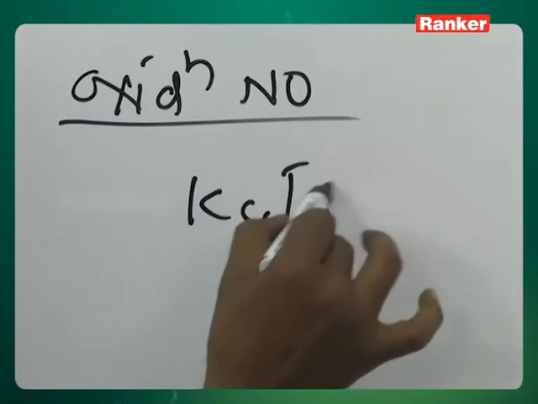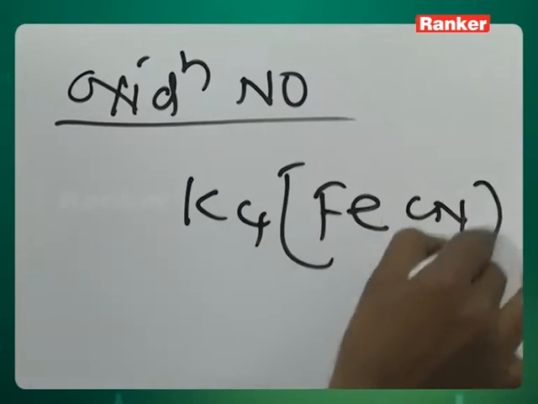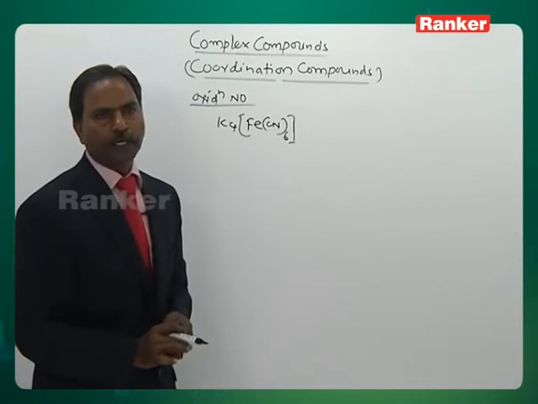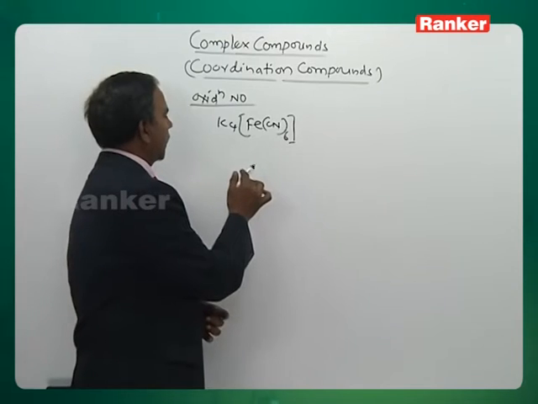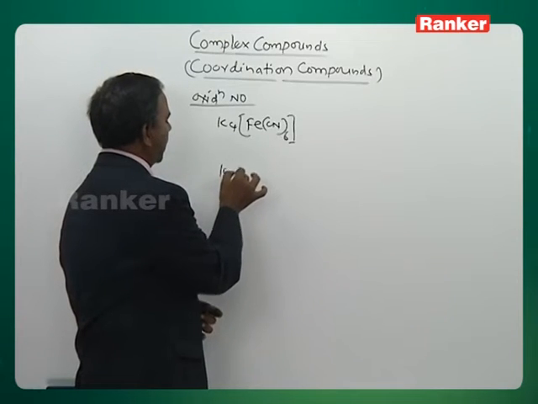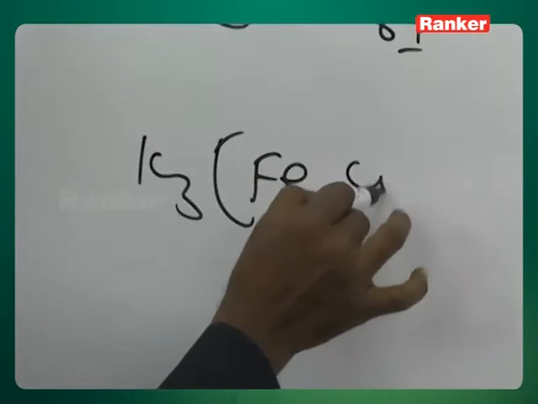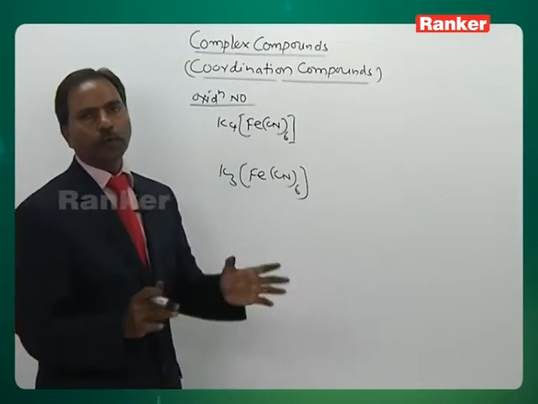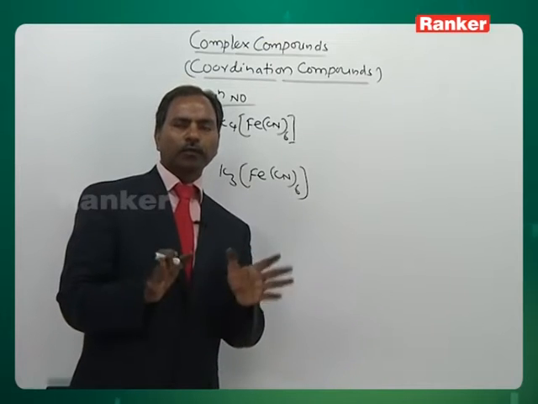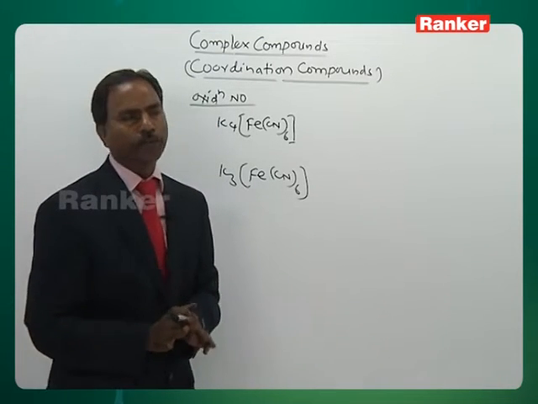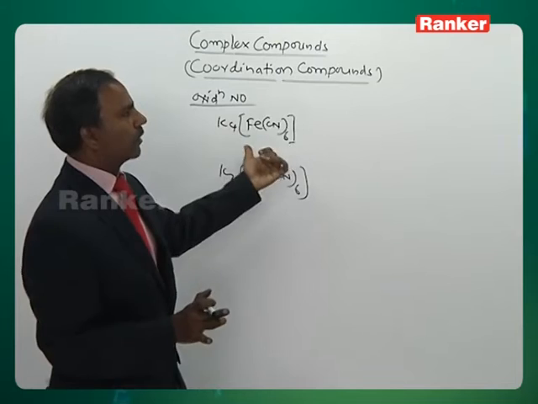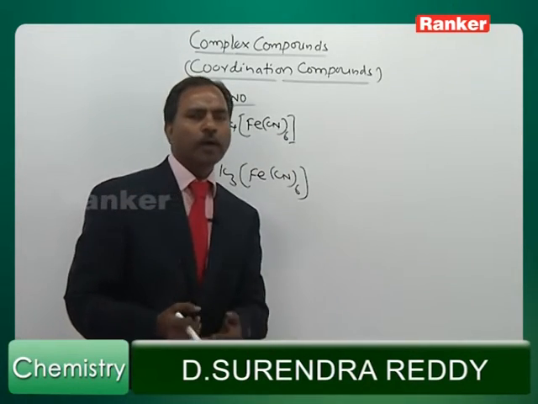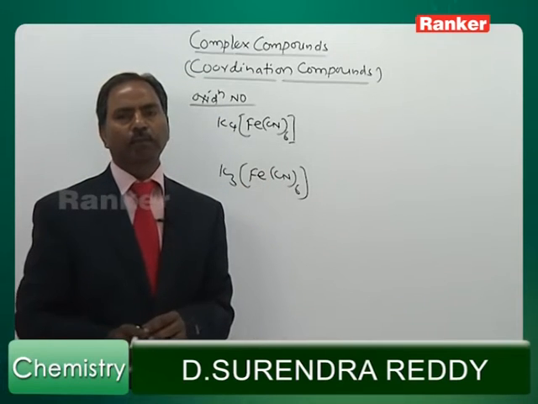Let me write a complex well known to you: potassium ferrocyanide. Consider the next one, potassium ferricyanide, K3Fe(CN)6. These two complexes are given to you. How do we find the oxidation number of the metal ion in these complexes?